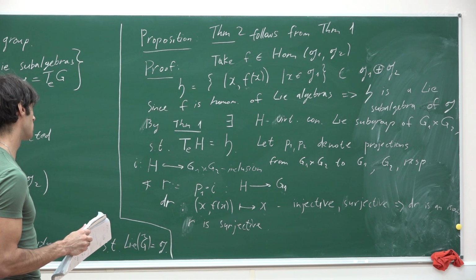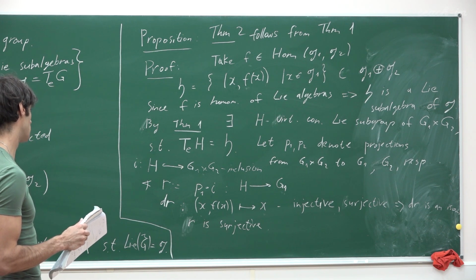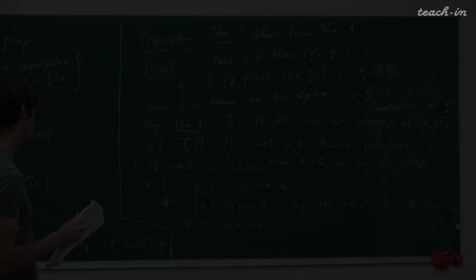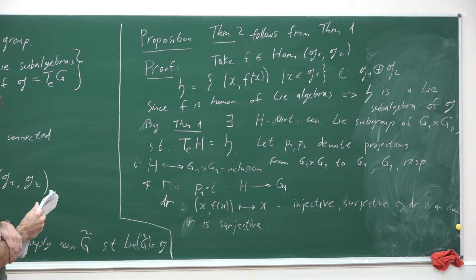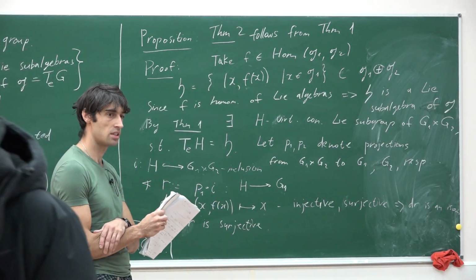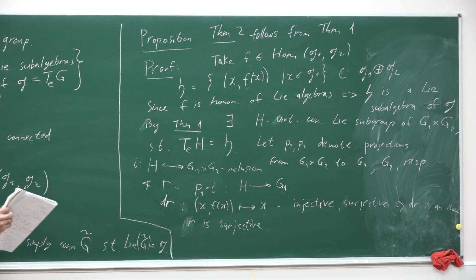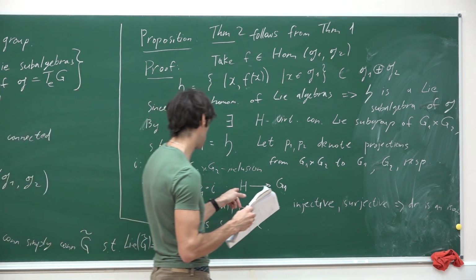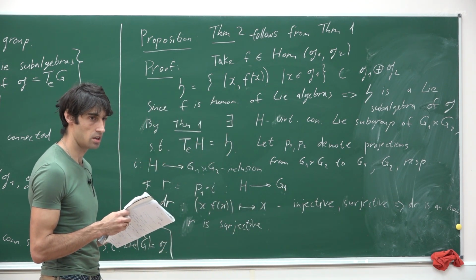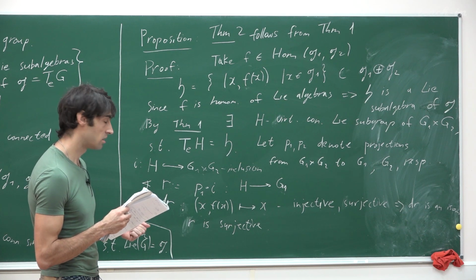I would like to obtain the whole G1. I mean, why is H equal to G1? That's what we would like. So we would like to see that it is a covering map, right?